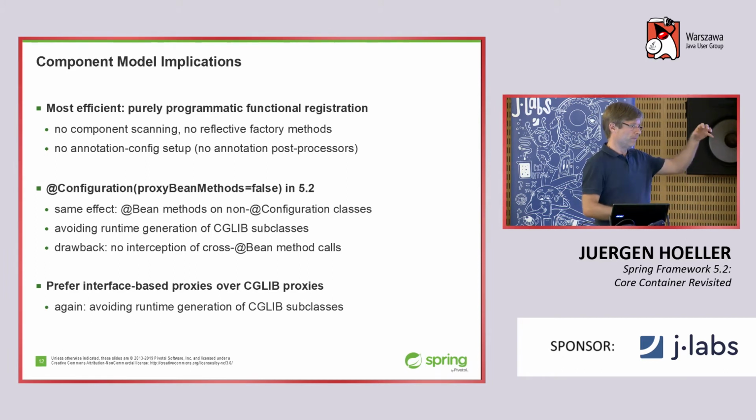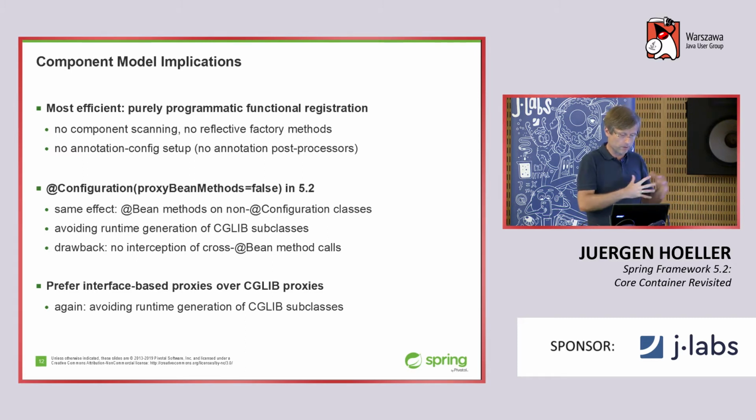So if you have an @Bean method calling some other @Bean method and you're expecting redirection through the container, then you need bean method proxying. If all your @Bean methods are totally independent, they don't call each other, then you can switch off that feature, which means we don't need to create a CGLIB subclass at runtime, which saves us some effort. And saves also some metaspace for those classes.